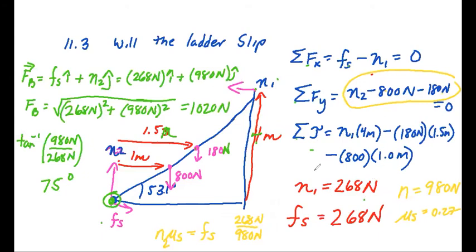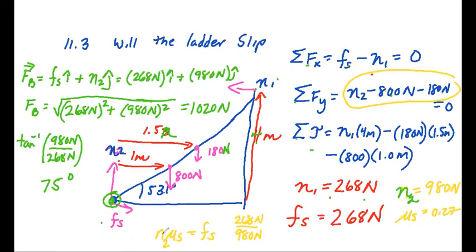Now I need to solve for my coefficient of static friction. By definition, this would be N2, the normal force, times mu S. So I just solved for the normal force here. I solved for N2 and got 980 newtons with this equation.